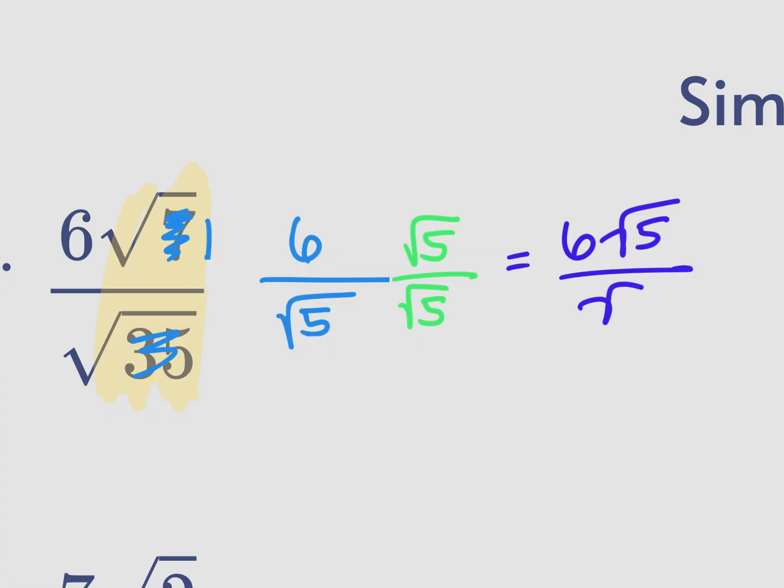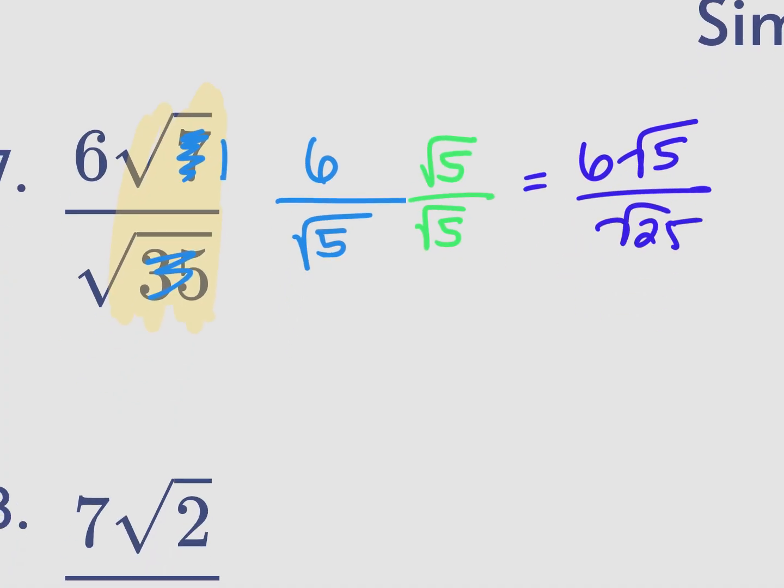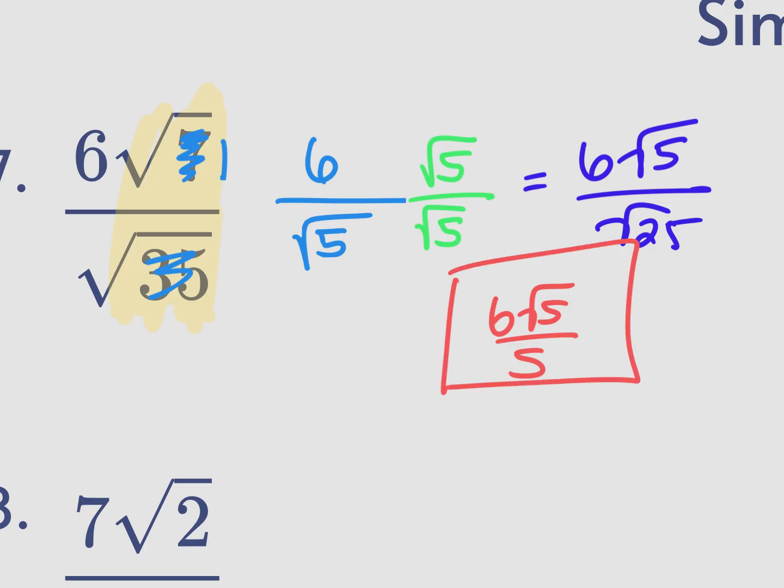The square root of 25, which is just 5. So your answer here is 6 square root of 5 over 5. Can I cross out the 5s? Correct. How come? Because they're not both under radical. Correct. If they were both underneath the radical, you could. But the square root of 5 is not the same number as the whole number 5, so there's your answer.